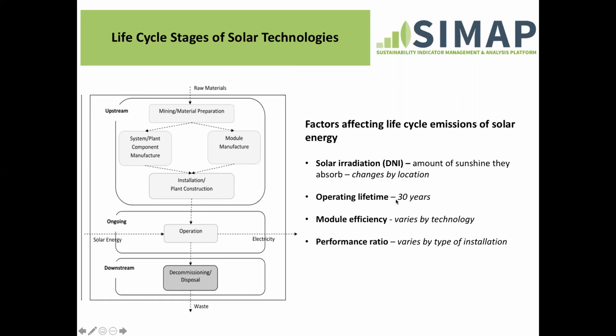Similarly, the average operating lifetime is 30 years for solar technologies, but as the operating lifetime increases, the emission factors will be lower. Module efficiency and performance ratio are different aspects of efficiency, and with improvements in the future, they will reduce the emission factors for all solar technologies.